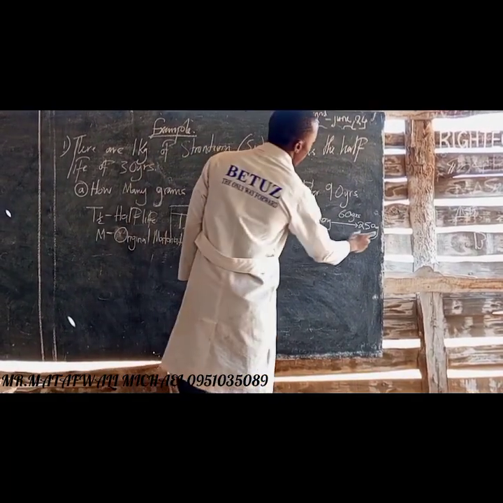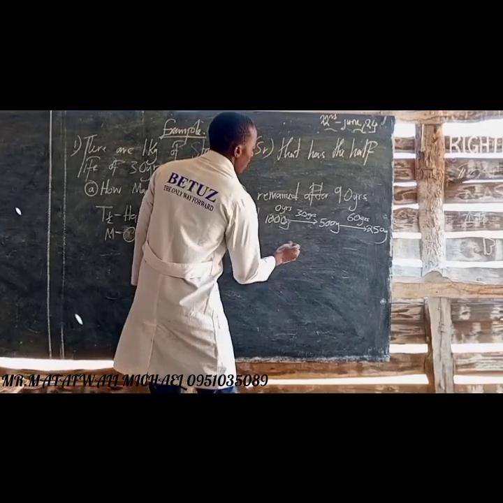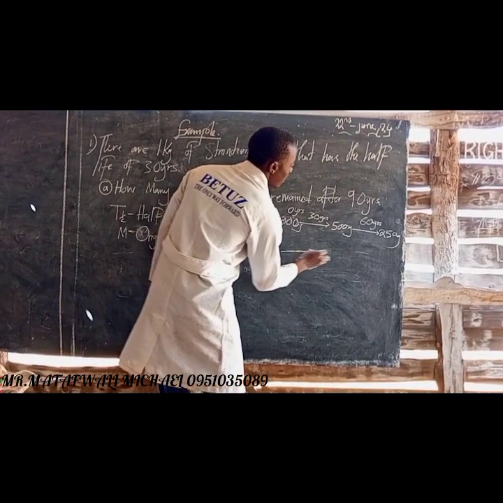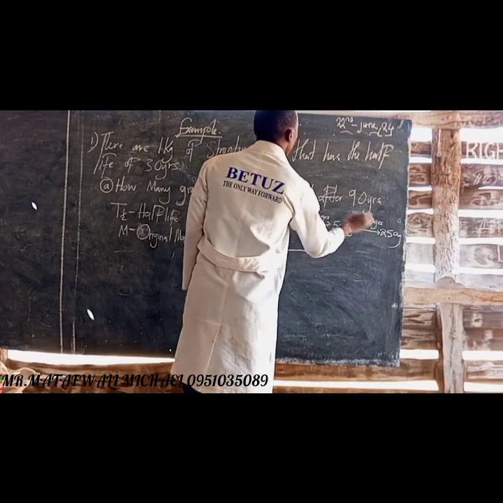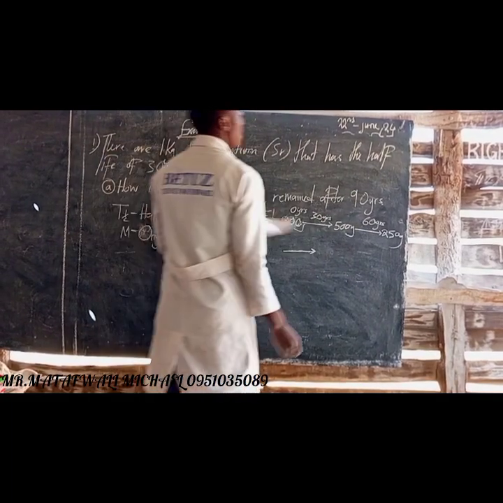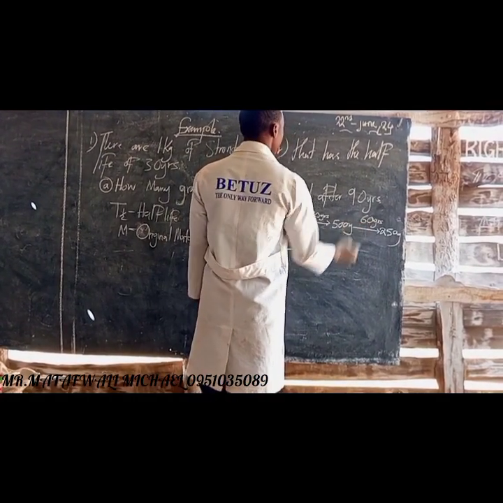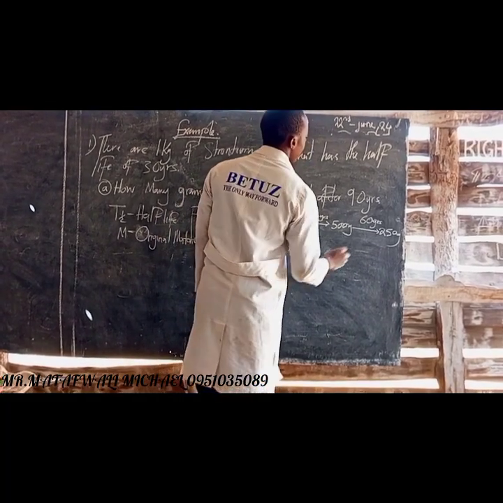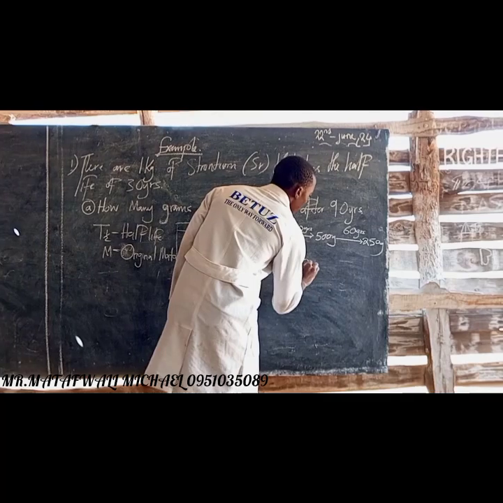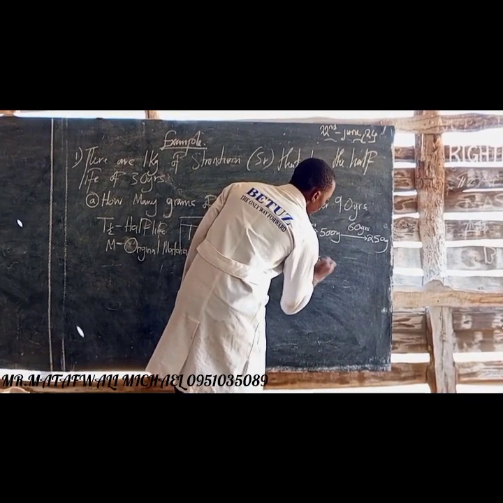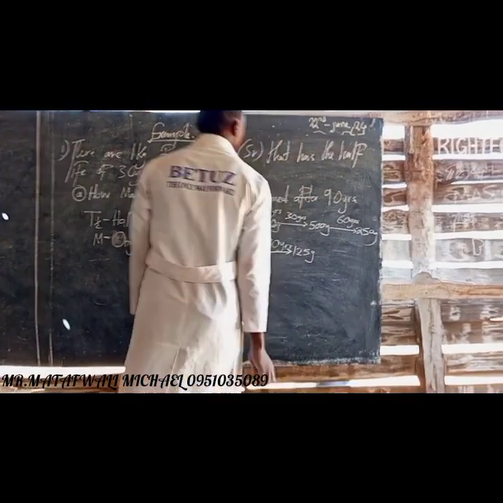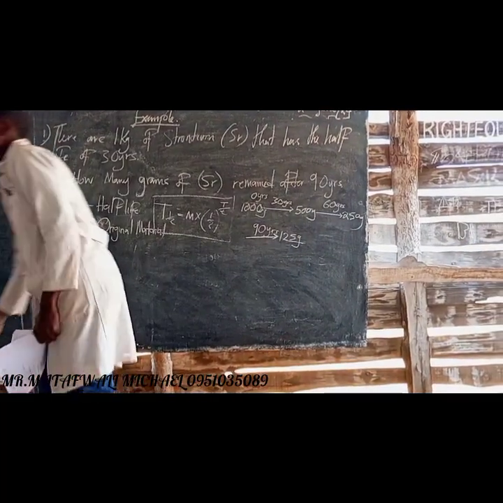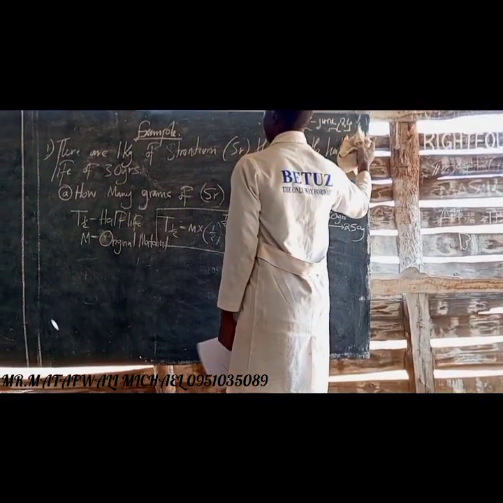Then again, these 250 grams undergo a radioactive decay of 30 years. So we add 30 years to this 60, and we have 90 years. So we find the mass of strontium to be 125 grams. So this is how you can solve this question without using the formula.